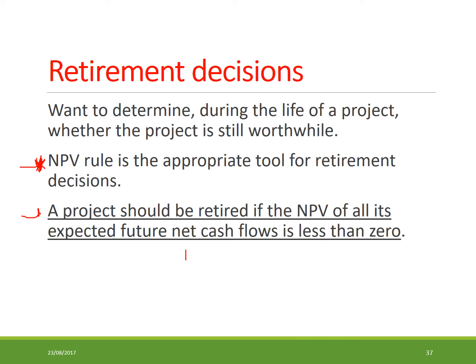So if we continue, say here is year 5, for example, we could, in theory, continue to use the same project for 3 more years. And we want to know when exactly should we retire. Should we stop the production or should we go on until year 8? So we should stop the production whenever the production does not bring any new value into the firm.